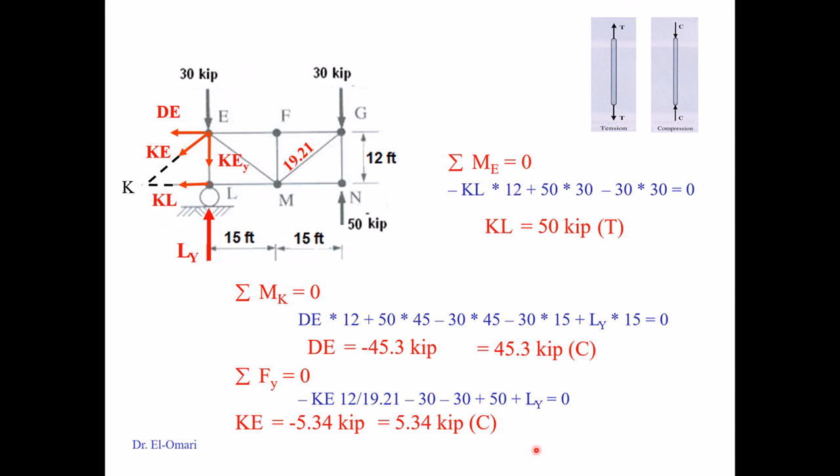The final note, I wouldn't change the assumptions, because when you change the assumption, it will confuse you if you'd like to review your answers, review the problems. I would leave it this way. Don't change it as long as you describe your answer and say whether this member is under tension or compression, then you're good.